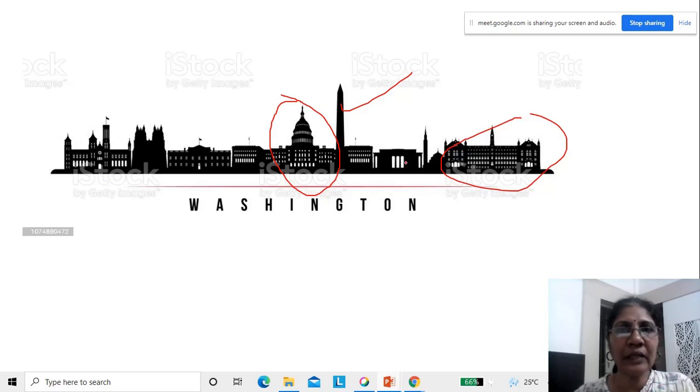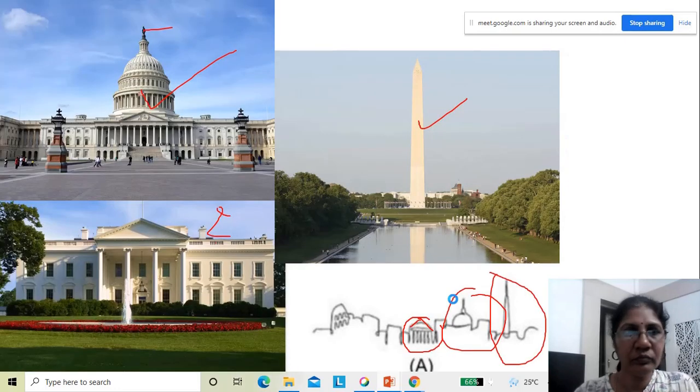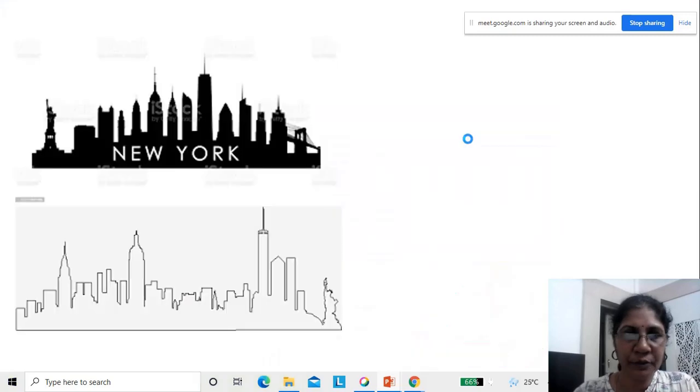So something like that. At least 4 to 5 buildings we should be able to identify. This is also not the skyline, this is a silhouette. Hopefully you can now remember these important buildings: the Capitol building, White House, and the Washington Monument.